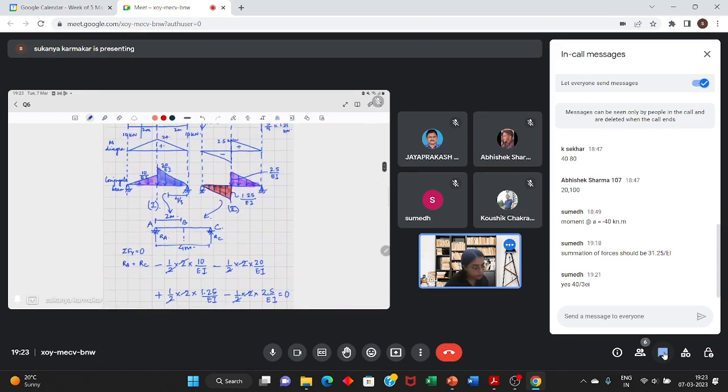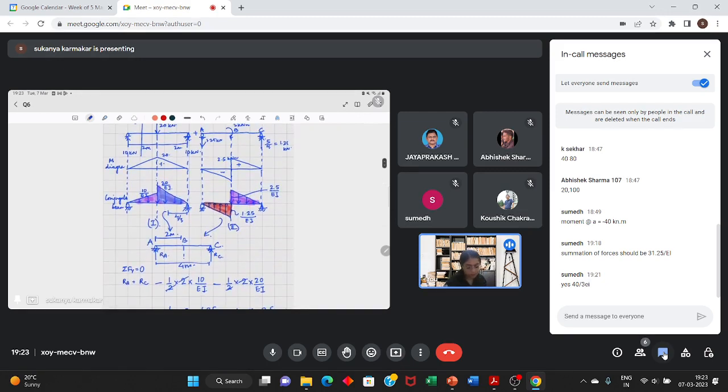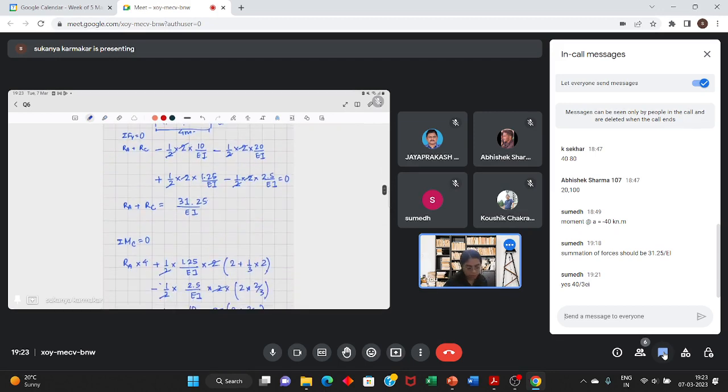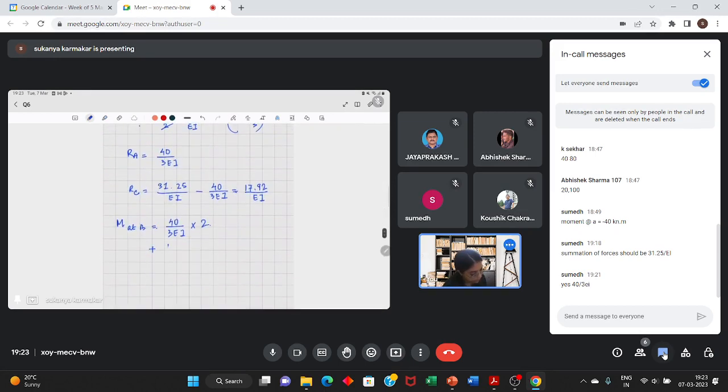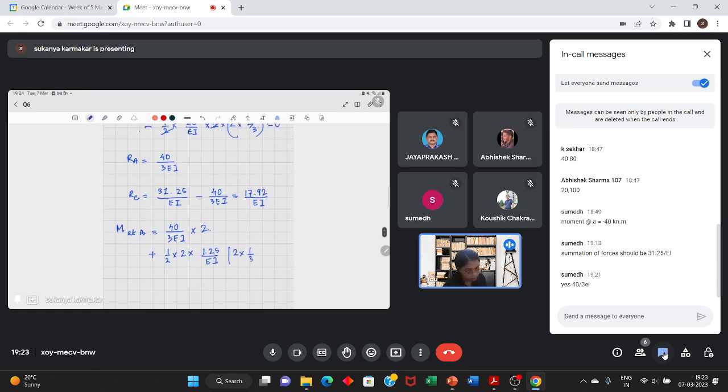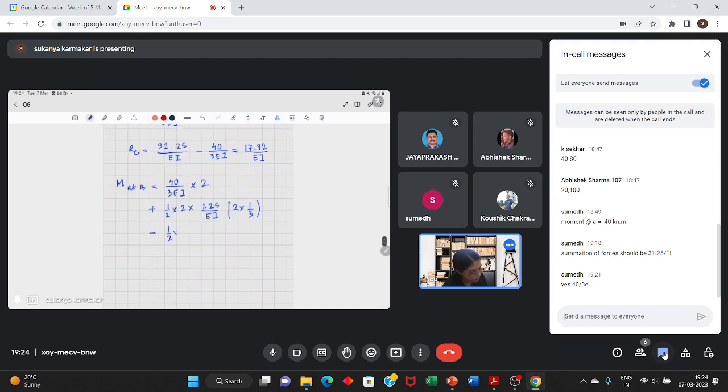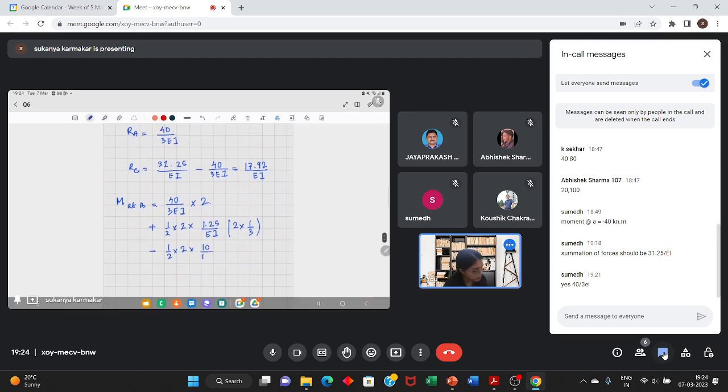Now calculate the effect from the loading diagram 2. So that will be half into base into height is 1.25 EI into 2 into 1 by 3, done. And from the loading 1, that is half into base is 2 into height is 10 by EI into 2 into lever arm.